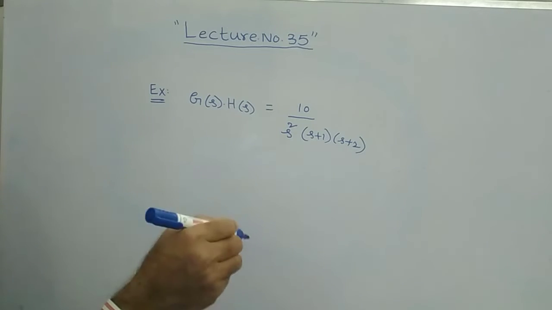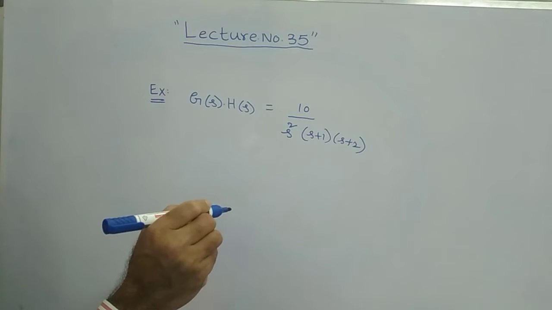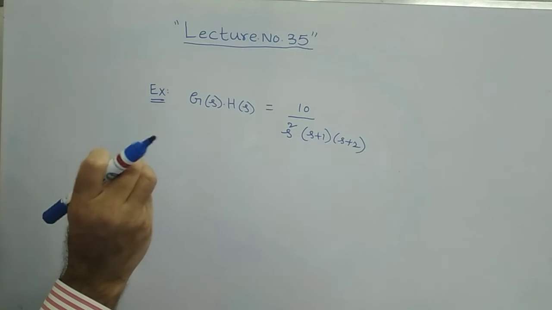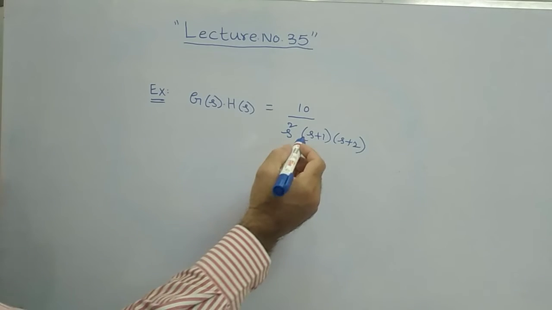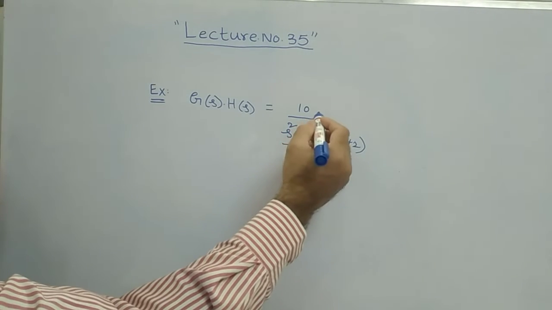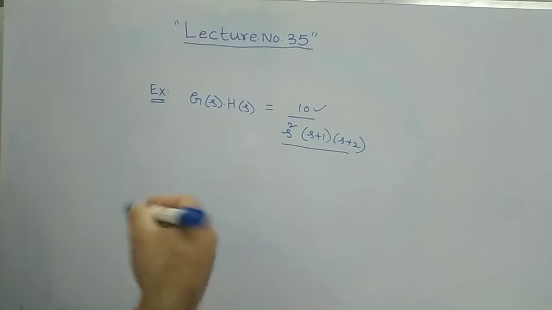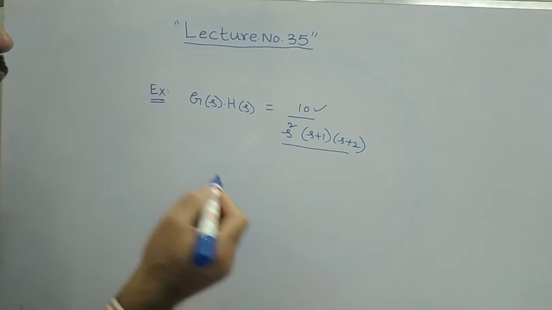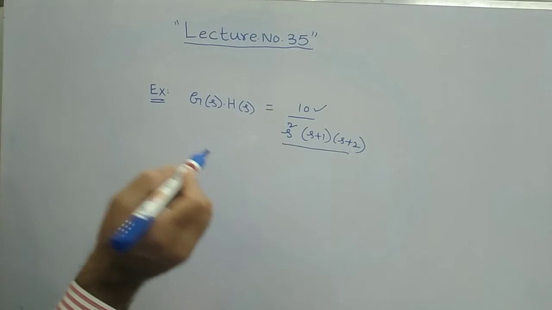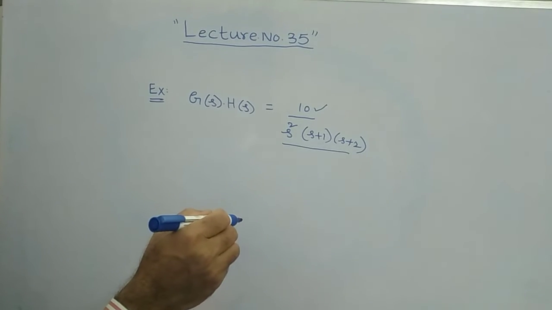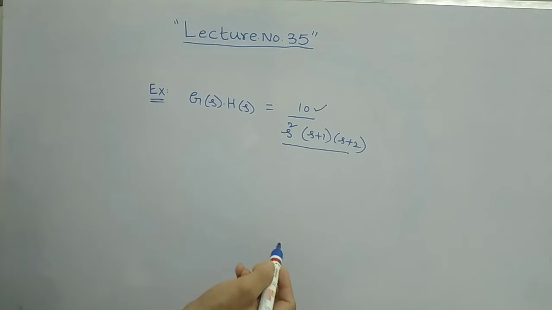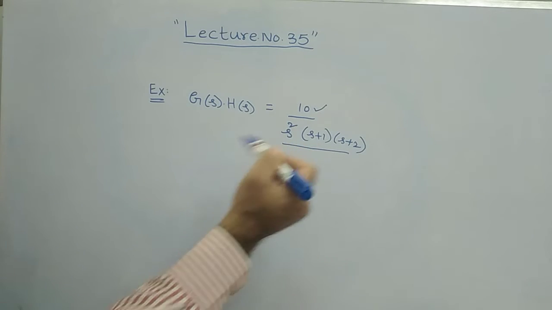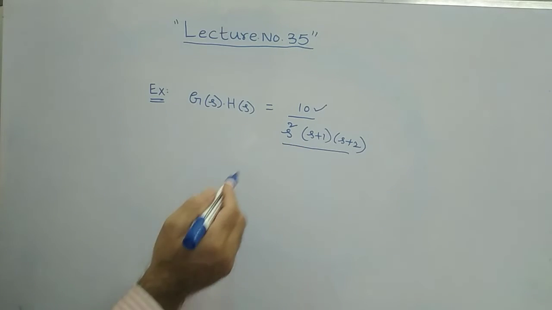In order to identify the type number of the system, you need to observe the denominator part only. You have nothing to do with the numerator polynomial. Forget about the numerator; from that you will not get the type number. So the type number is identified by observing the denominator polynomial only.